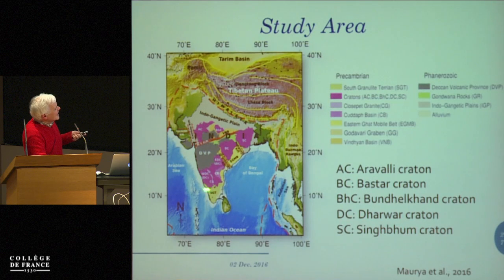You also have the Deccan volcanic province, a huge basaltic province due to the birth of the La Réunion hotspot. It is 1 million square kilometers and 4 kilometers thick, now slightly smaller of course. We have all these cratons in different places, and we have the collision with the Himalaya mountain range in the northern part of India.